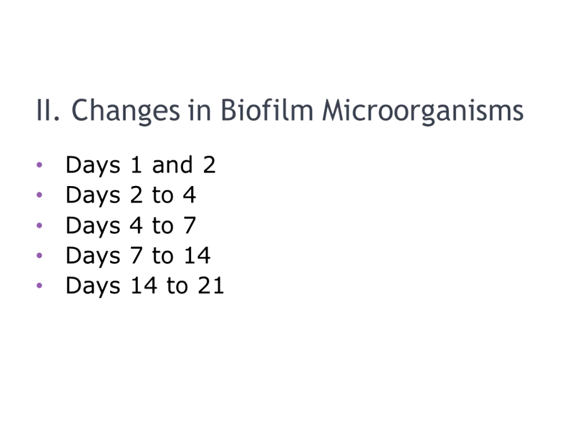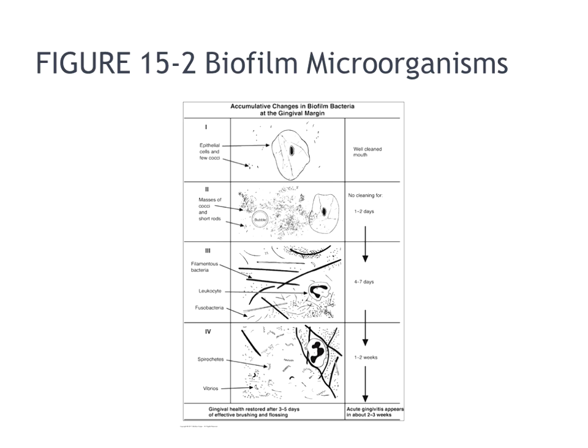The densely packed filamentous microorganisms can arrange themselves perpendicular to the tooth surface in a palisade type of arrangement. And as biofilm matures and thickens, more gram-negative anaerobic organisms appear that seem to be protected by the biofilm architecture as well as the environment. So, days 14 to 21, gingivitis is clearly evident.